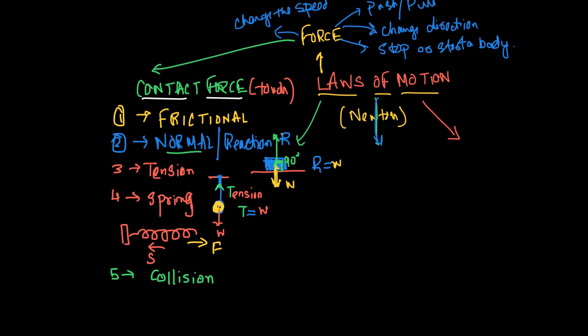When two bodies hit each other, like there is body A and there is body B, and somehow this is moving this side and this is moving this side, and if they hit one another, there will be a force.